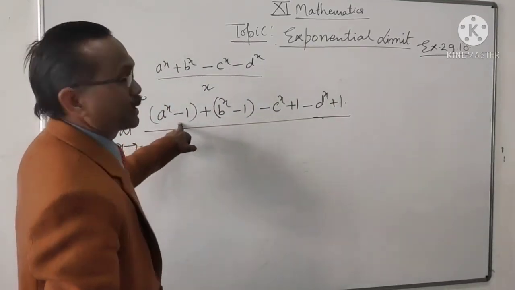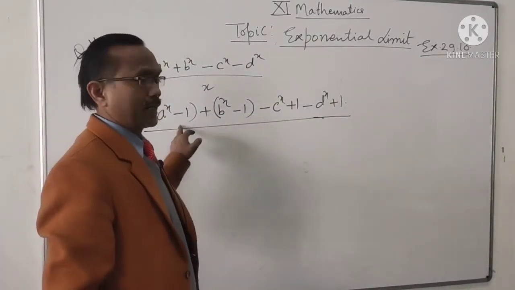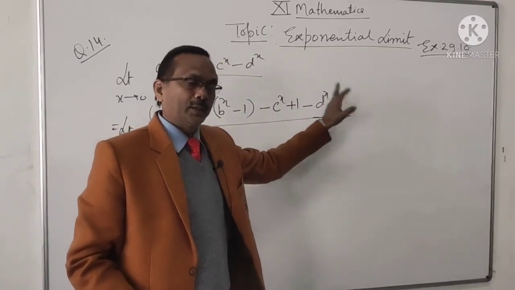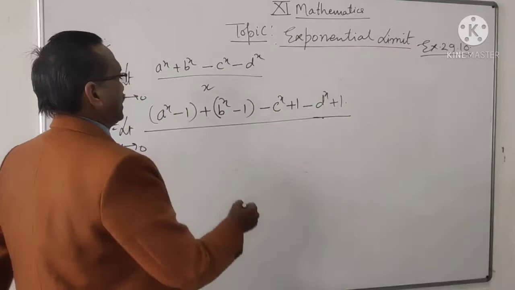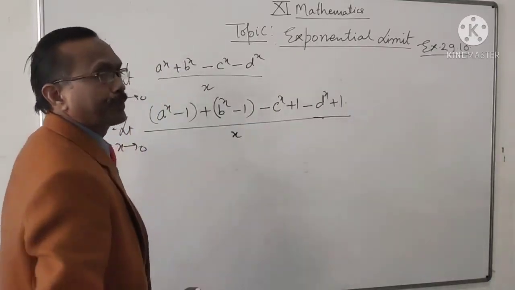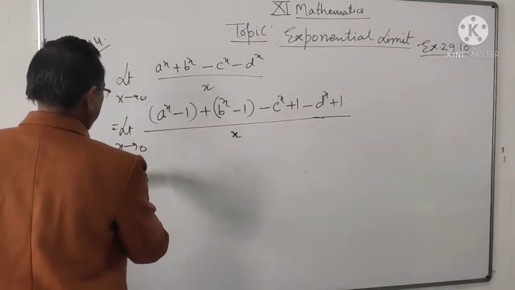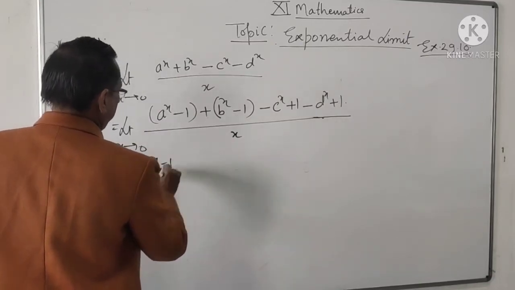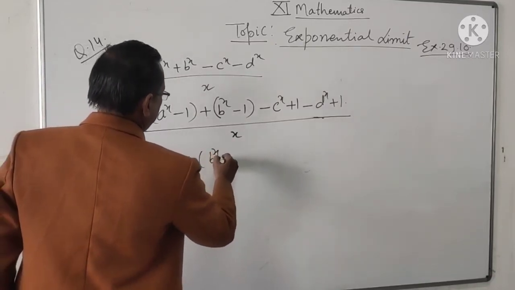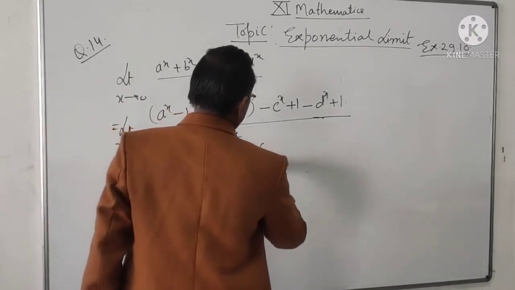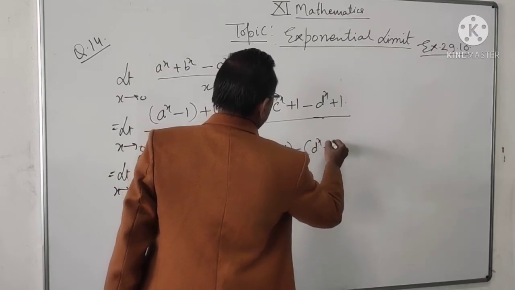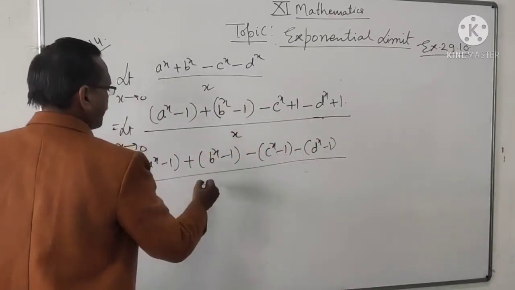So it is minus 1 minus 1 is minus 2, plus 1 plus 1 is plus 2. Okay, so it is adjusted, upon x. Now we will write limit x tends to 0, a power x minus 1 plus b power x minus 1, take minus common, so it is c power x minus 1 plus d power x minus 1, divided by x.